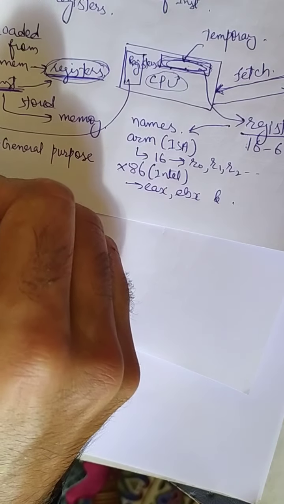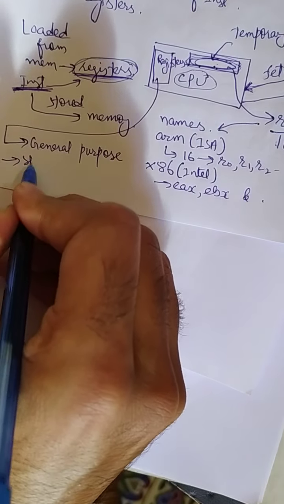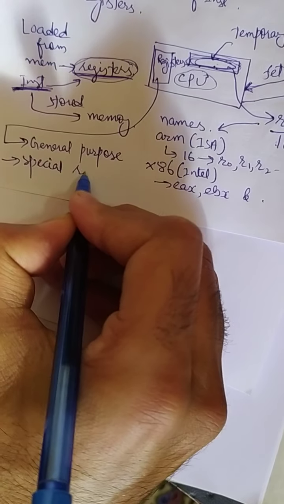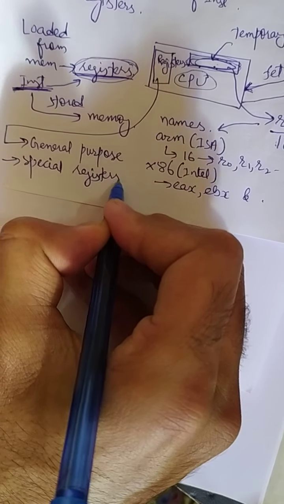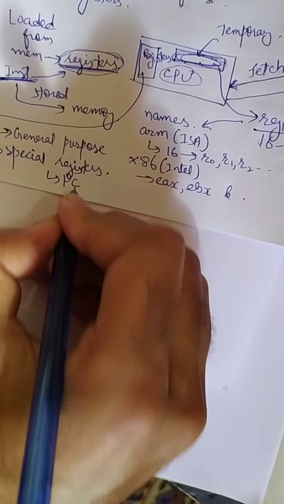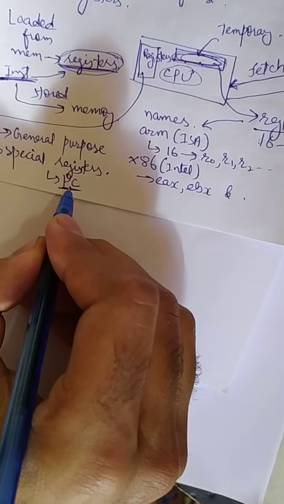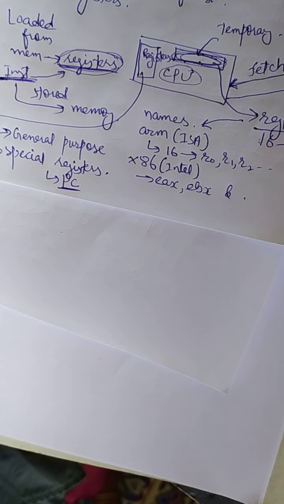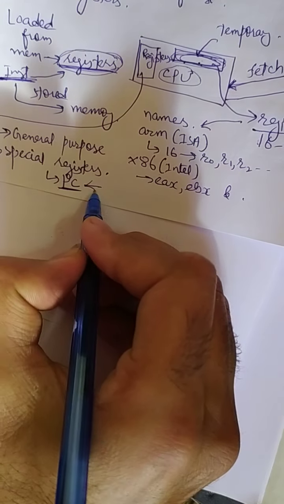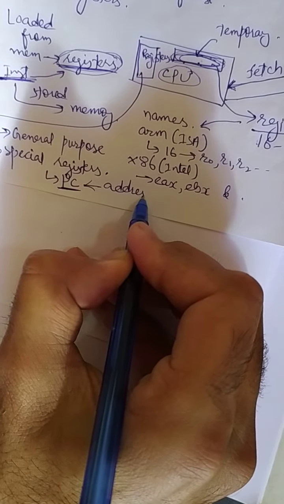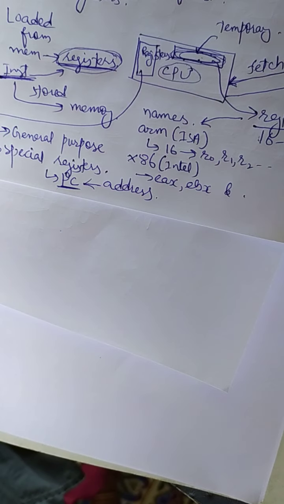And there are some special registers which have special functionality. For example, you have seen one such register, the program counter. This is a special register, and the function of the program counter is to store the address of the instruction that is to be executed next.